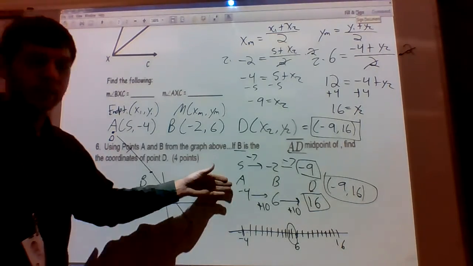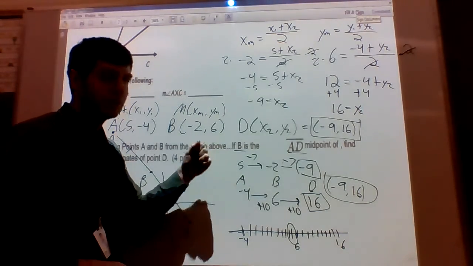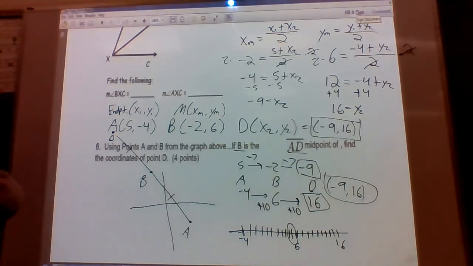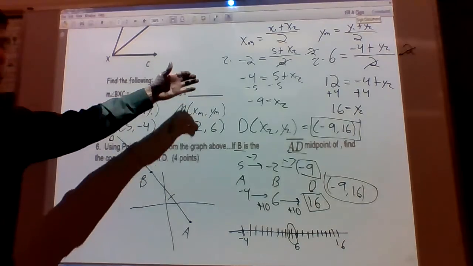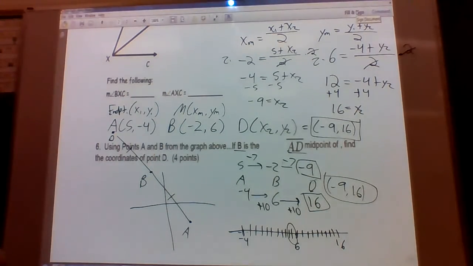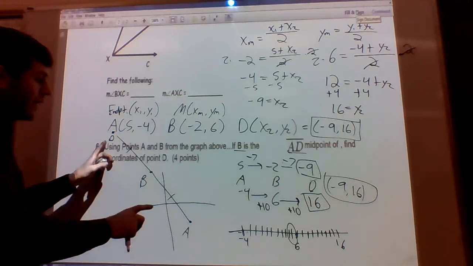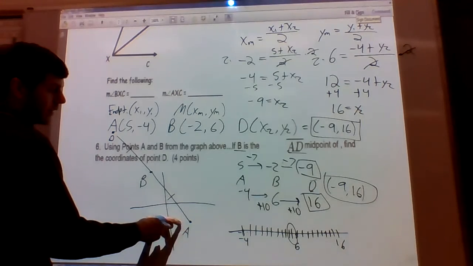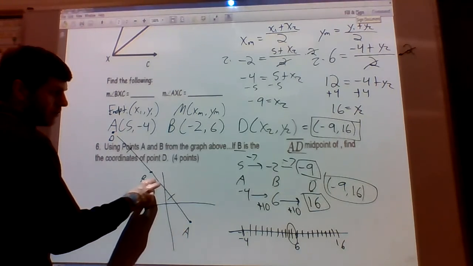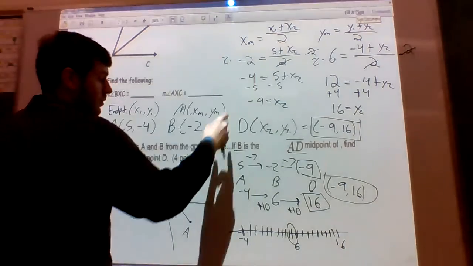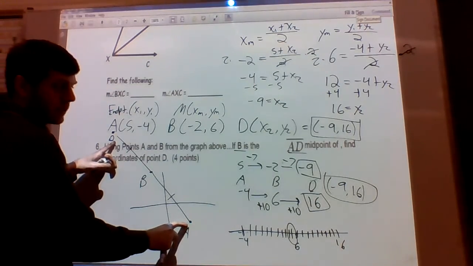You can use this method. That's fine. You can count. You can do however you want as long as you get to that other endpoint. But if you don't understand that way, use the formulas. The x value of the midpoint is equal to our 2 x values averaged together, divided by 2. So this x value, which we know is negative 2, is going to be equal to the x values averaged together.